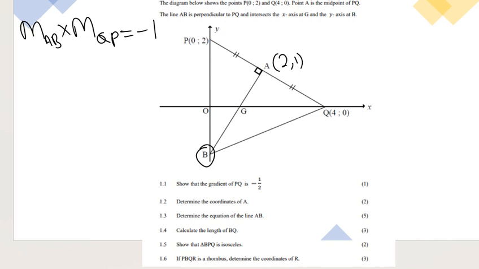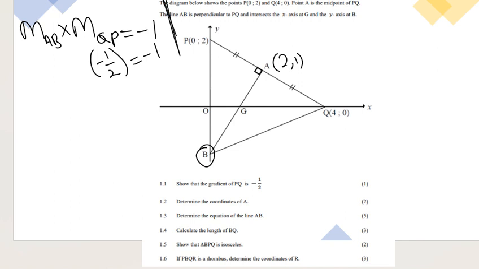We have already found the gradient of PQ. The gradient of PQ is -1/2. So let me substitute -1/2.